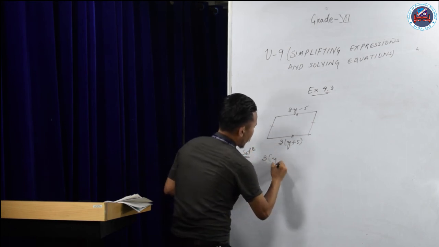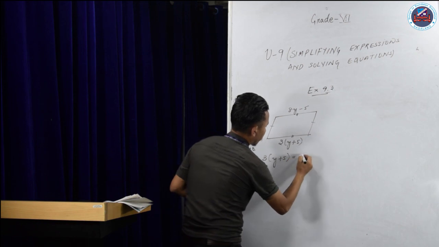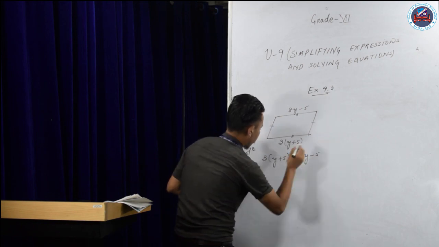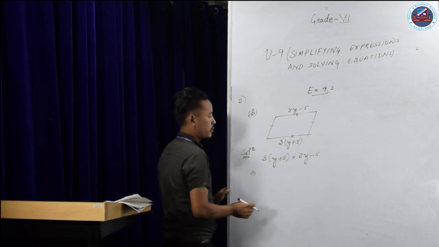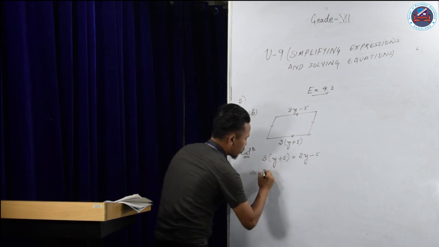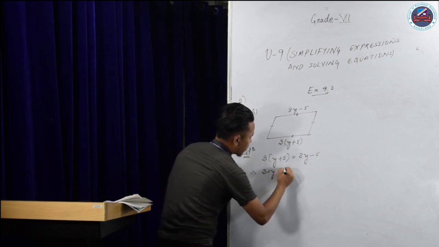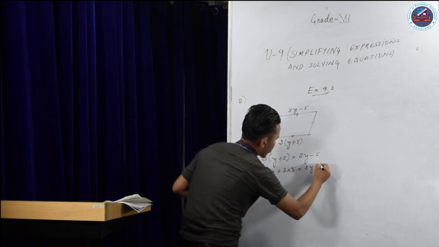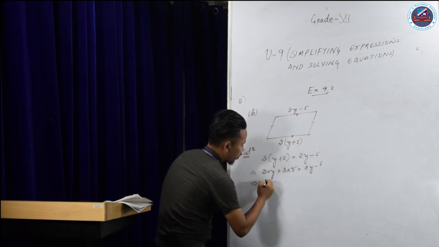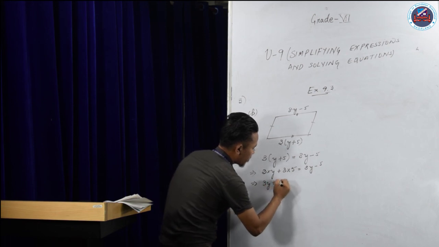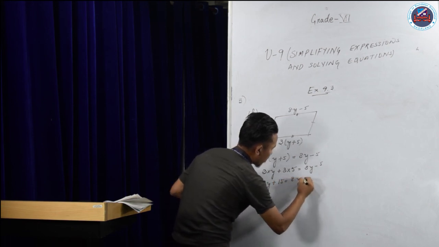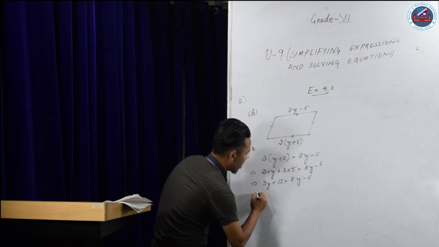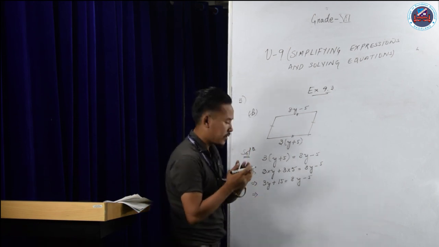3 bracket y plus 5 equals 8y minus 5. Let's remove the bracket. I get 3 into y plus 3 into 5 equals 8y minus 5. 3 into y gives us 3y plus 15 equals 8y minus 5. So here, let's try to bring the variables together.